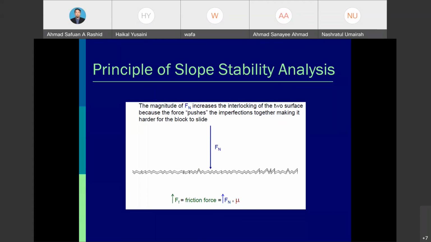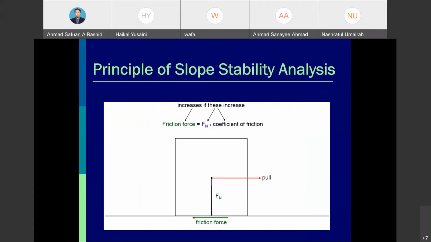So if the Fn is increased, the friction force will be increased, or if the coefficient of friction is increased, the friction force also increases. So it is contributed by two parameters there.